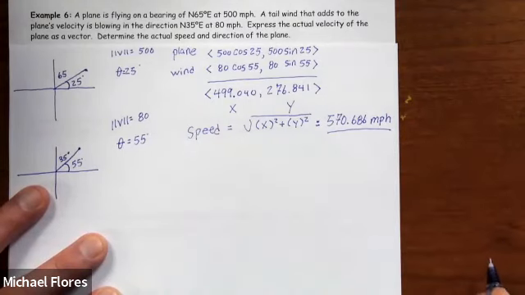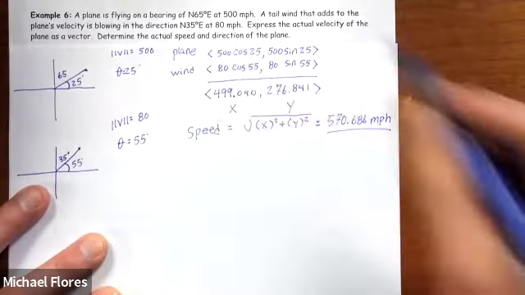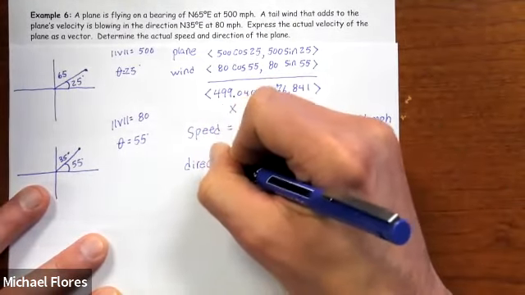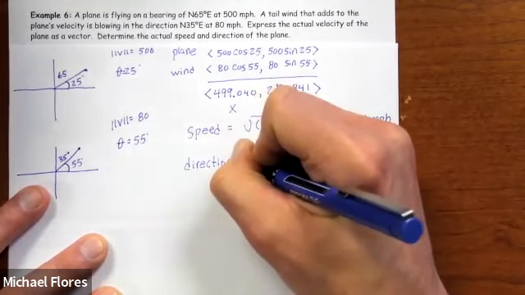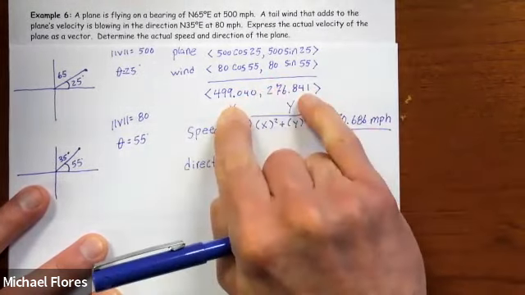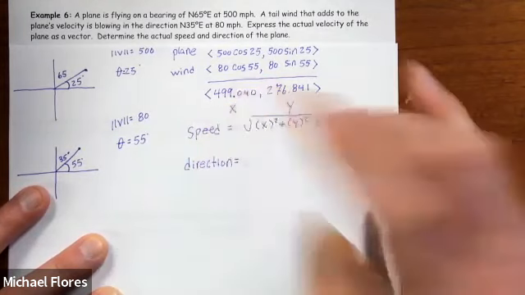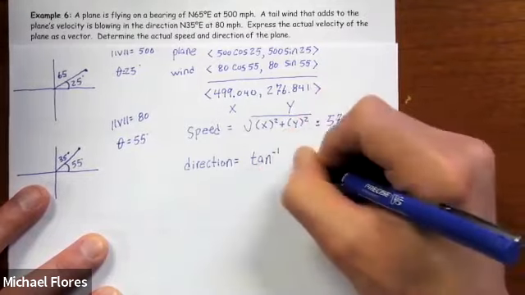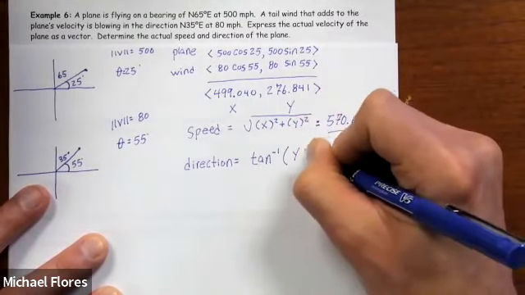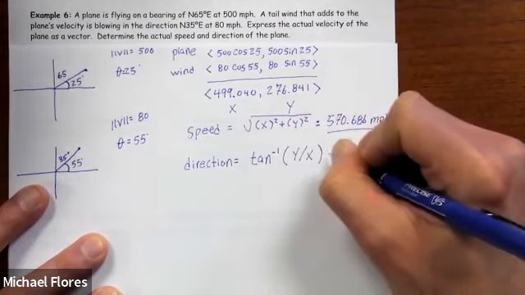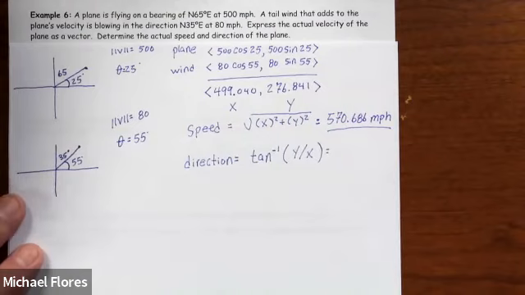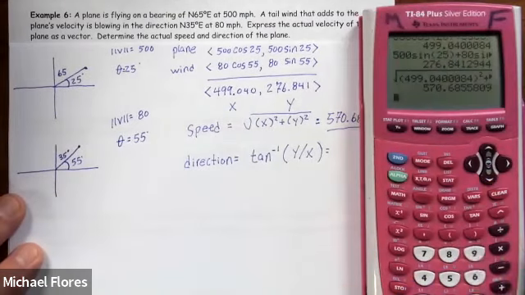Answer 2. Now it wants us to determine the direction of the plane. Here's how you're going to find direction. We still need to use the original numbers in our resultant vector, but we're going to use inverse tangent, because that will help us find our direction. Y divided by x. That will give us our direction, or at least help us determine what our direction is. So let's do that. Second tangent.